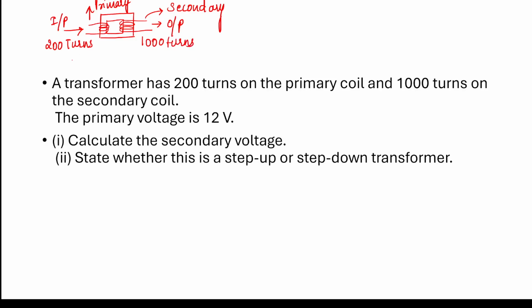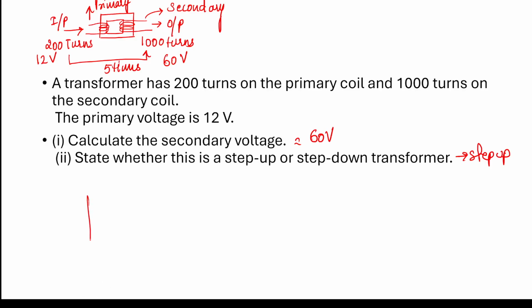So if the number of turns becomes 5 times, that means it's a step up transformer. The voltage also becomes 5 times. So if you're giving 12 volts here, this one would be 60 volts. So the number of turns decides the output voltage. This is a step up because it is increasing the voltage, because the number of turns is increasing.